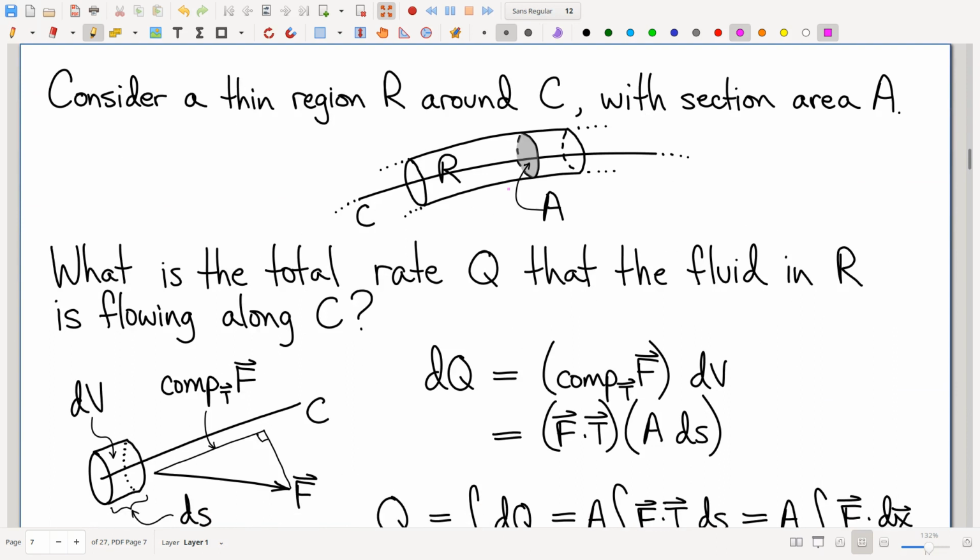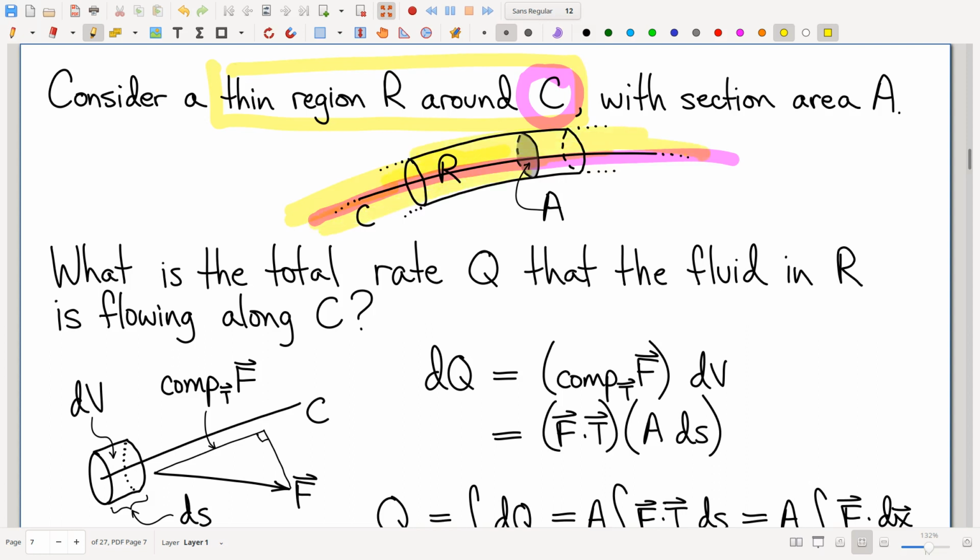So here's the question. We have a curve like so. That's our curve C. Now, I want to consider what I'm going to call this thin region around C. So not the curve itself, right?